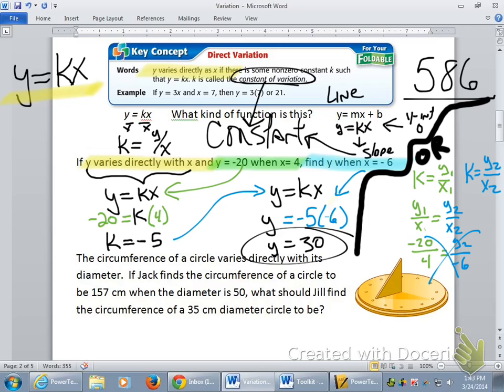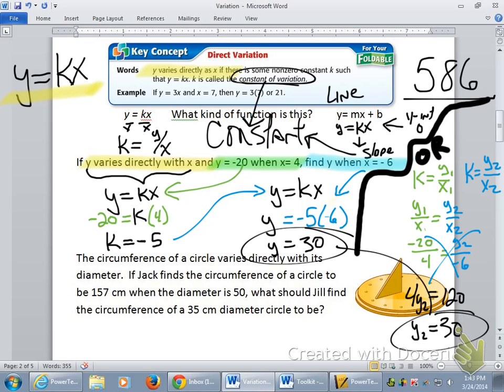Is it easy enough to solve? It should be, right? So I'm just going to do 4y2 equals, what's -20 times -6? +120. And then solve and you get y2 is 30, and look at that. Same answer, right?